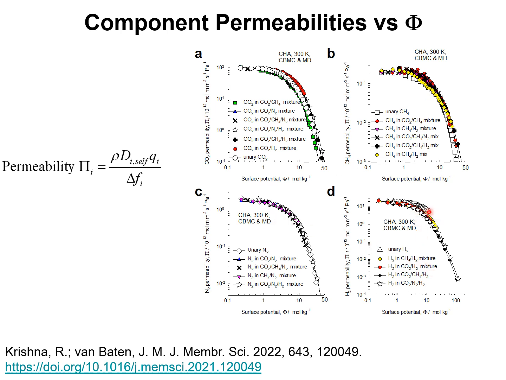For hydrogen, we see that the unary permeability of hydrogen is slightly higher than the values in the mixture. But as a good approximation, we can predict the permeability of hydrogen in a mixture using data on the unary permeabilities. The key is to make the comparison on the basis of the surface potential that can be calculated from the ideal adsorbed solution theory.